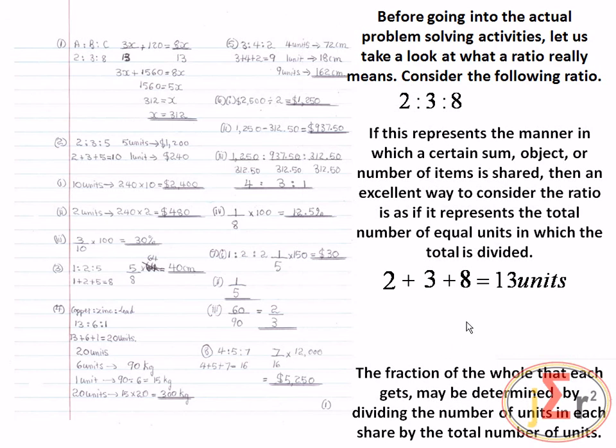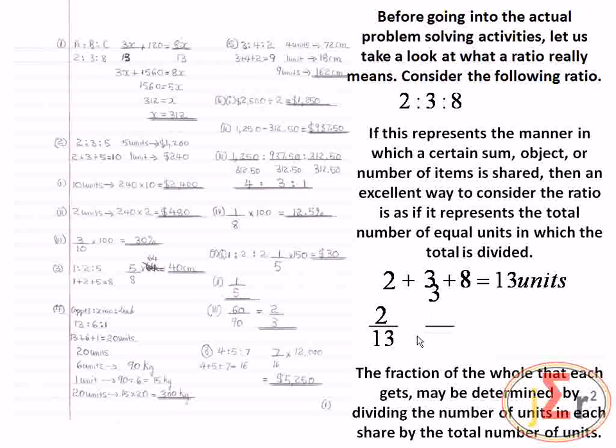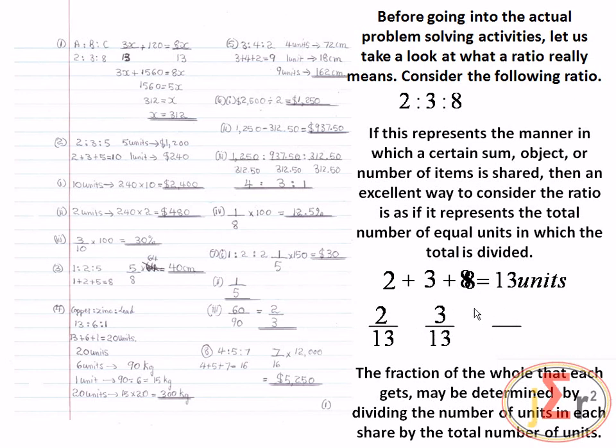So the first one will get a share that is equal to 2/13 of the entire amount, and this one will get a share that is equal to 3/13 of the entire amount, and finally this one will get 8/13 of the total.